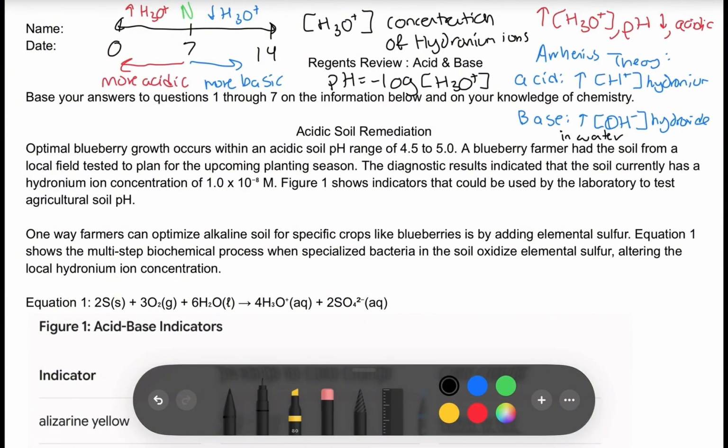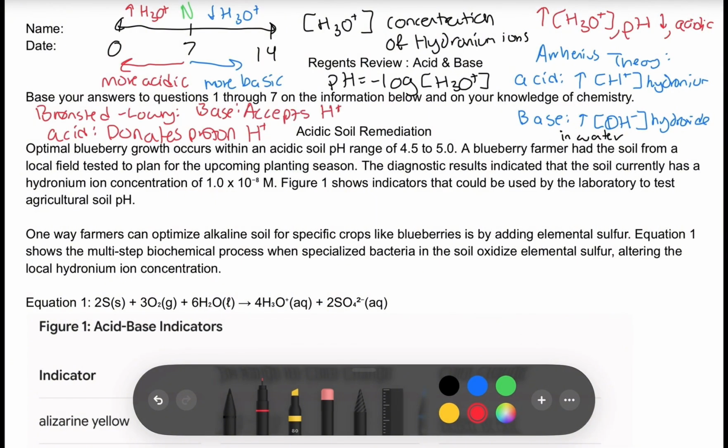But if we're releasing OH- ions, the solution is becoming more basic. Lastly, another theory is the Bronsted-Lowry theory that states that an acid is a proton donor and a base is a proton acceptor. So I'm just going to write that over here. The acid donates a proton, which is also just H+, and the base accepts the proton.